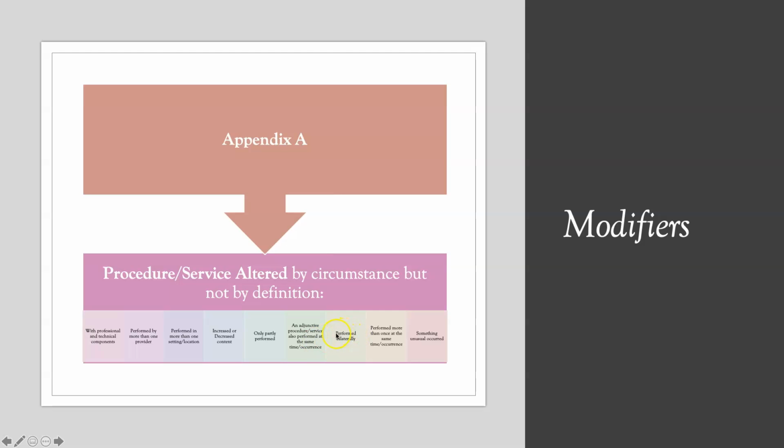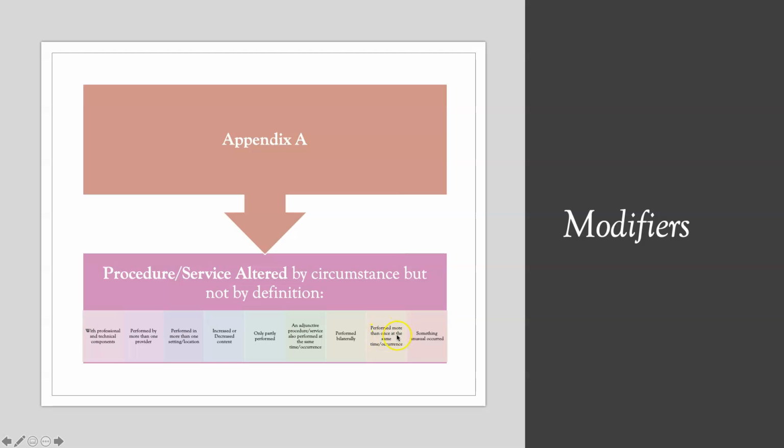Okay, you'll probably use modifier 50 if you perform it bilaterally. The procedure is not changed. The definition of the procedure has not changed. The circumstances are that you perform it bilaterally, so you'd use a modifier 50 with that CPT code.